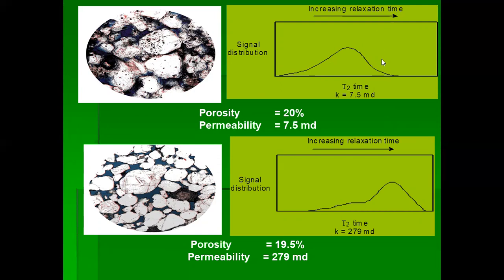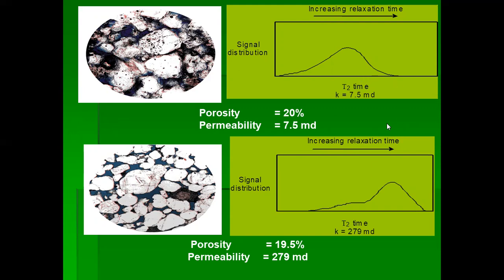As you see from the T2 distribution, for the first sample, most of the area of the curve is toward the left, while for the second sample, more of the area is shifting towards the right, into the larger relaxation times, into the area of producible fluids, of the cutoff for producible or movable fluids.